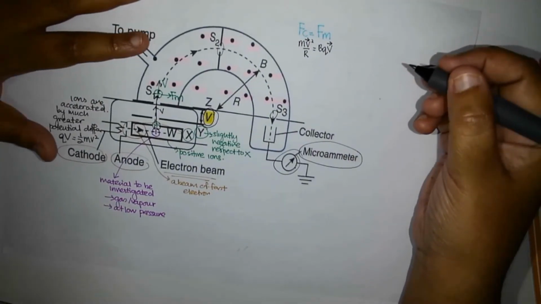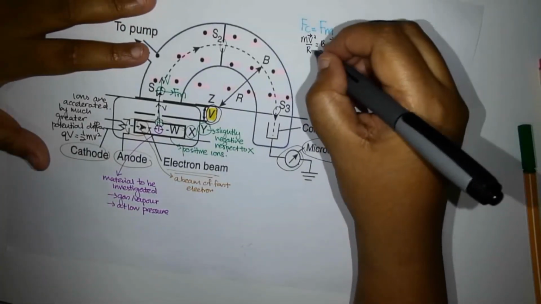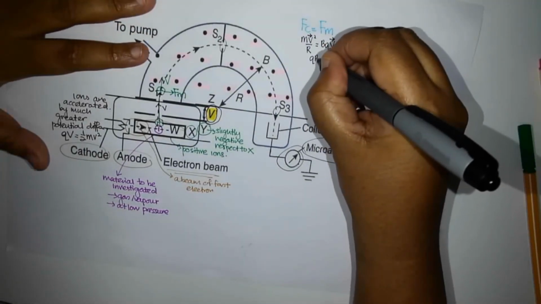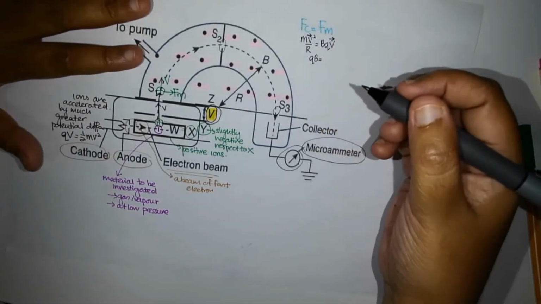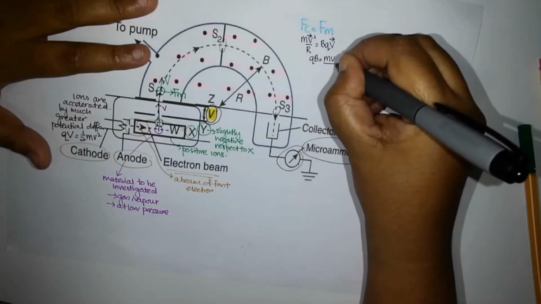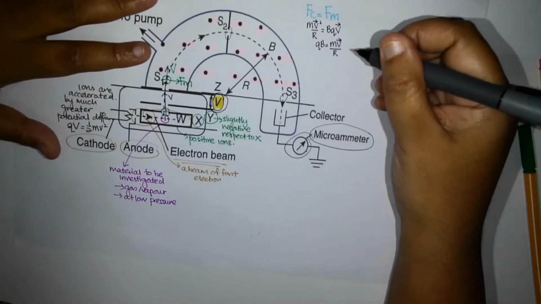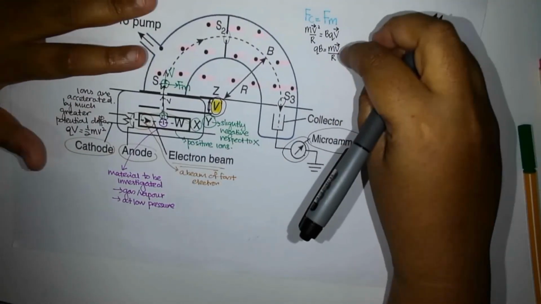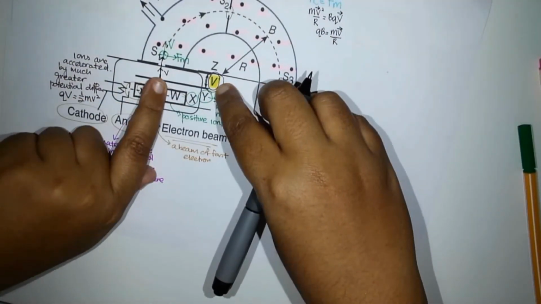So from this, QB is equal to mv over R. I'm going to put a vector on v because I want you to differentiate between the V of a potential difference and the v of a velocity.